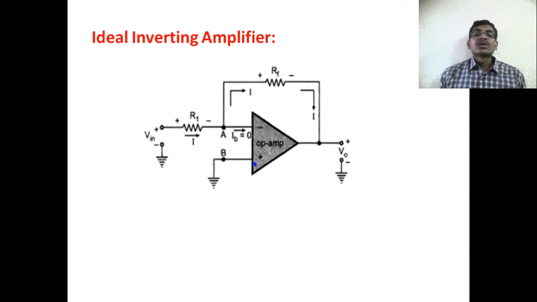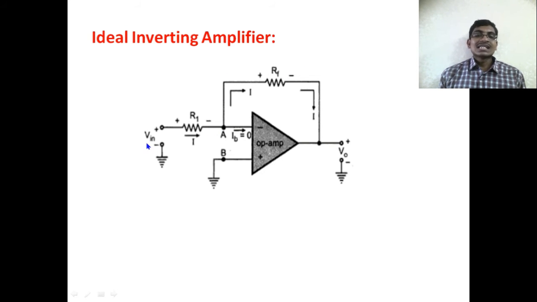If the non-inverting terminal is ground and we are using the inverting terminal for giving the input to our op amp, then that configuration is called the inverting amplifier configuration. In this, R1 is the input resistance and RF is the feedback resistance, which forms the feedback path from the output side to the input side.